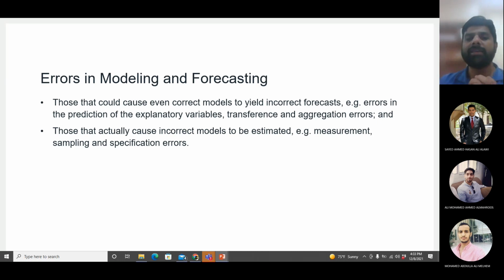Okay, another possibility can be transference and aggregation errors. Now transference means you took the equation from one set of travelers and now you are trying to apply it to some other set of travelers. Let me give you a very easy example. For example, you have taken the mix design of concrete from, let's say, the standards which are followed in Canada.